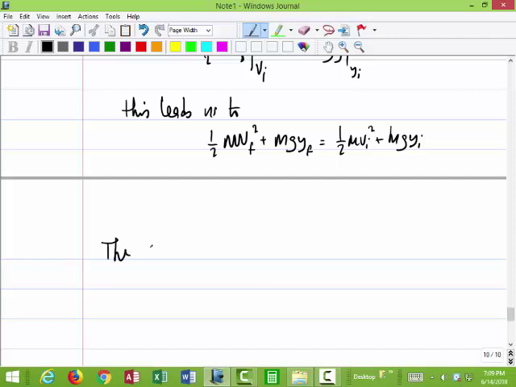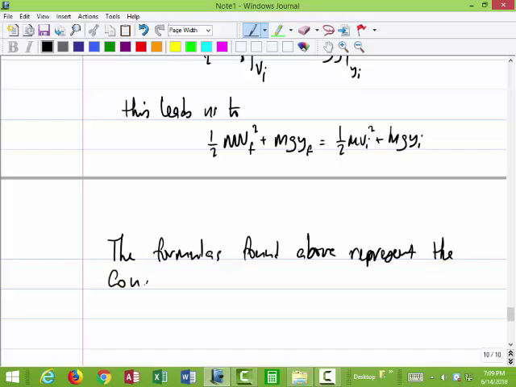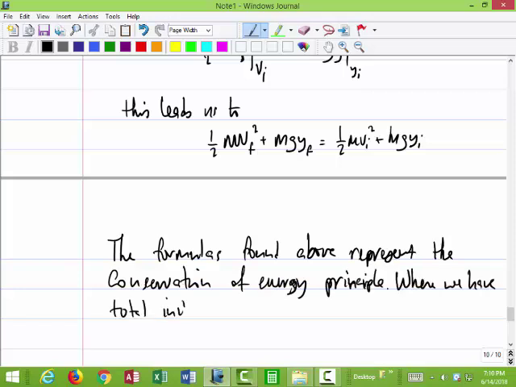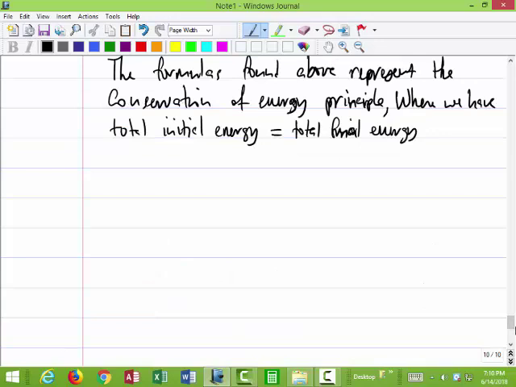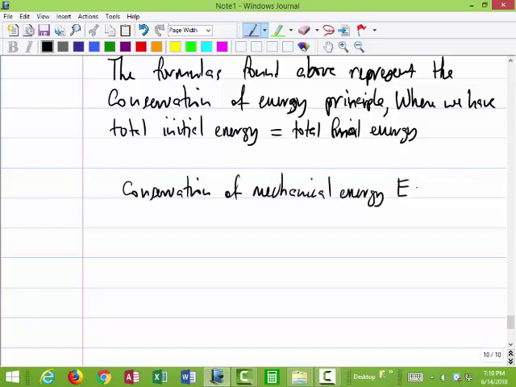We can say that the formulas found above represent the conservation of energy principle, where total initial energy equals total final energy. So this brings us to the conservation of mechanical energy. Let's write mechanical energy as E mech.